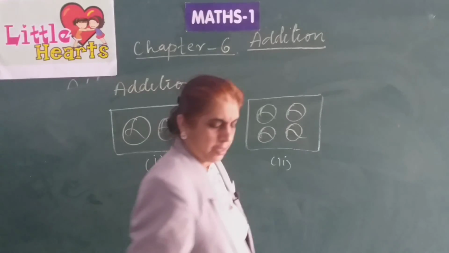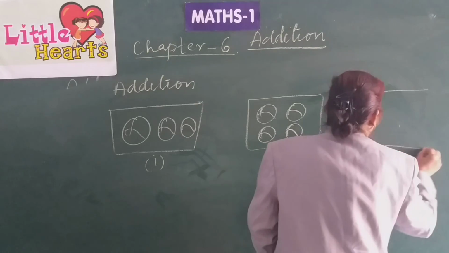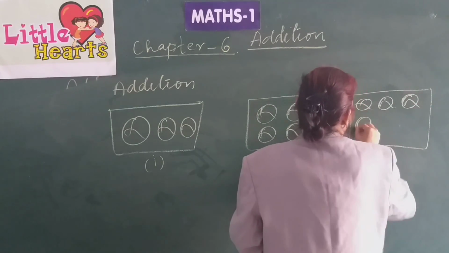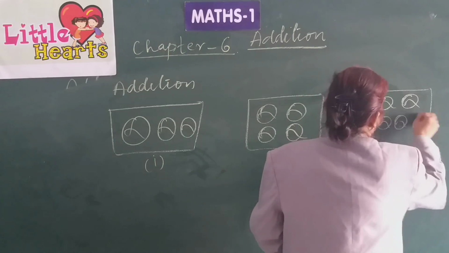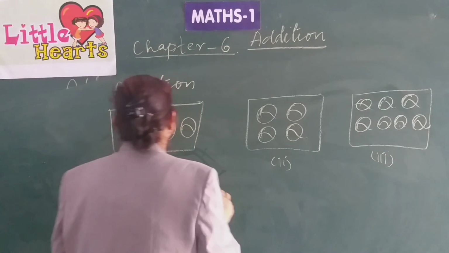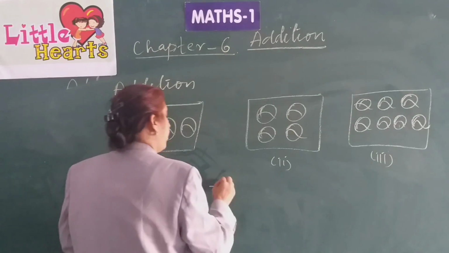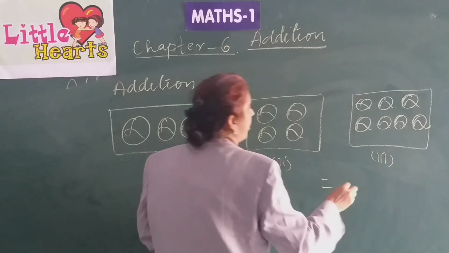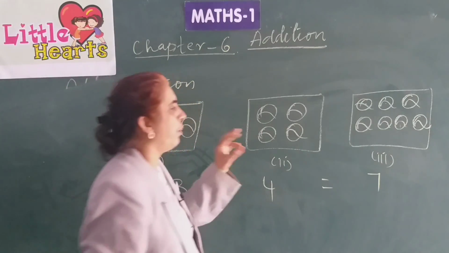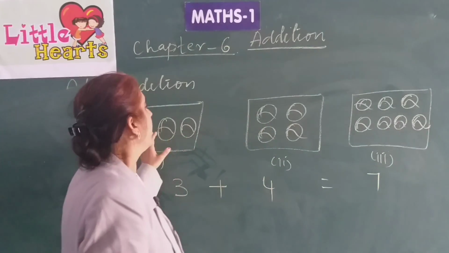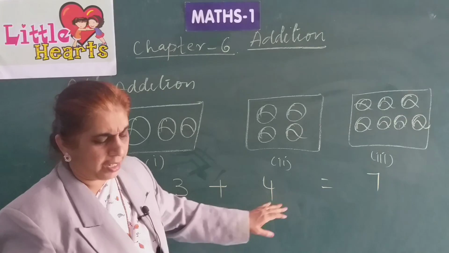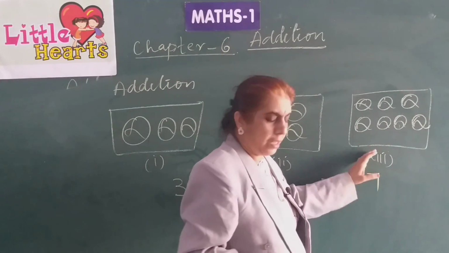How many are there in total? So, 3 plus 4 equal to 1, 2, 3, 4, 5, 6, 7. All the balls put together in one box is the sum of these 2 boxes. 3 plus 4 is 7. There are 7 balls in the third box.